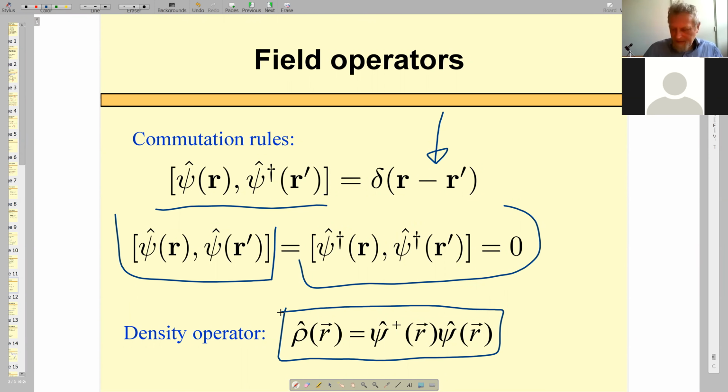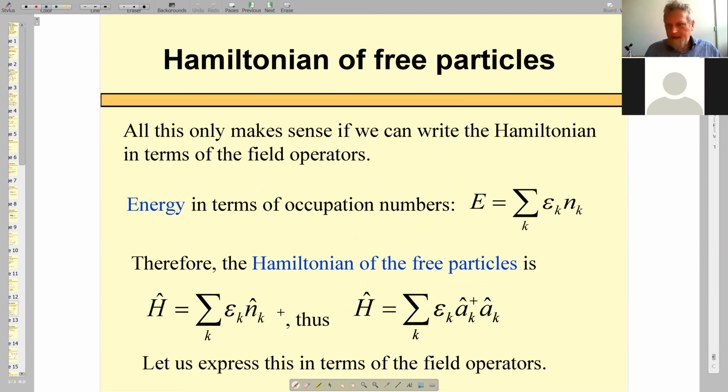And let me go on. Perhaps I can have time to explain the non-interactive Hamiltonian as well. Look, these operators would be just a toy if you could not do anything useful.